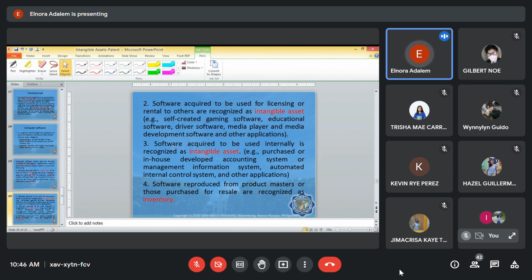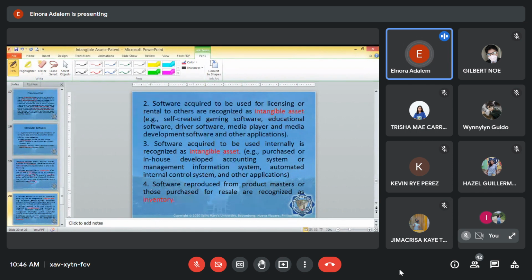And then number 3, software acquired to be used internally is recognized as an intangible asset. So there are companies that usually purchase software to facilitate the transactions within their unit.